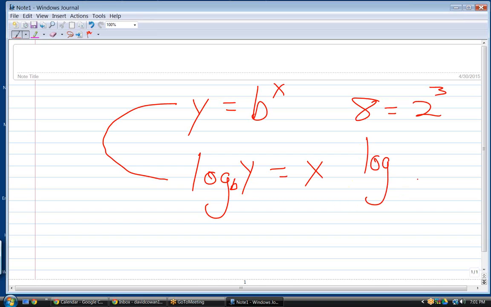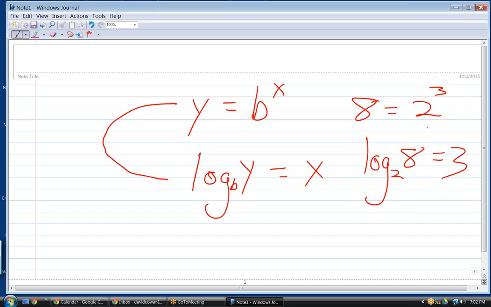It would be log base 2 of 8 equals 3. Okay. The biggest thing about logs is that you be able to go back and forth between these two expressions.